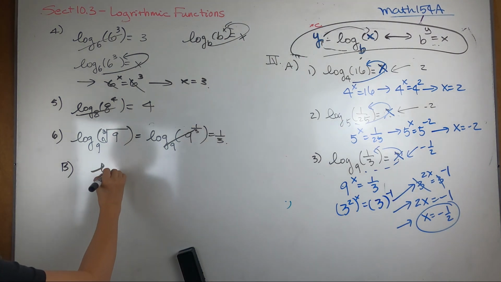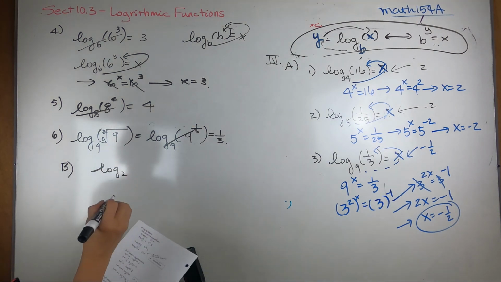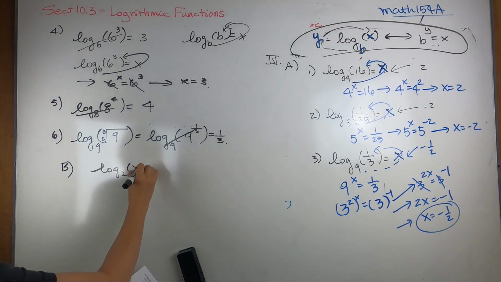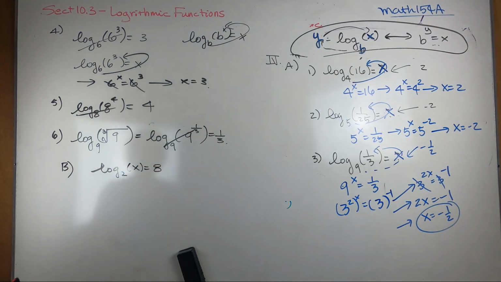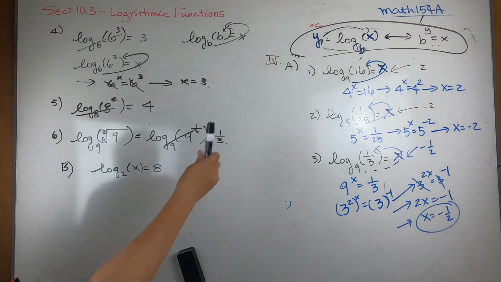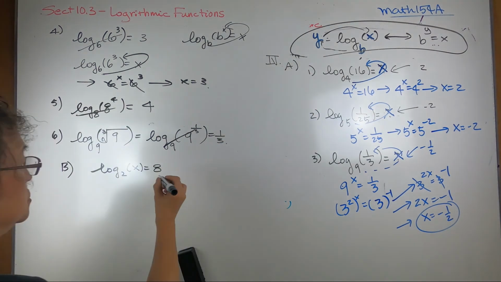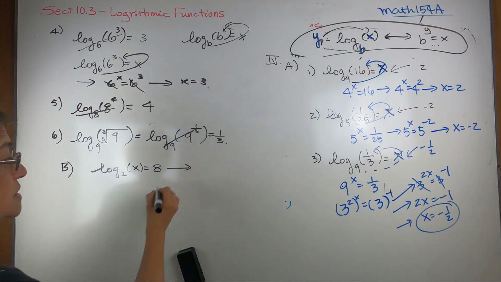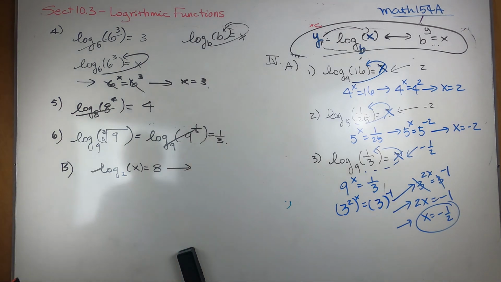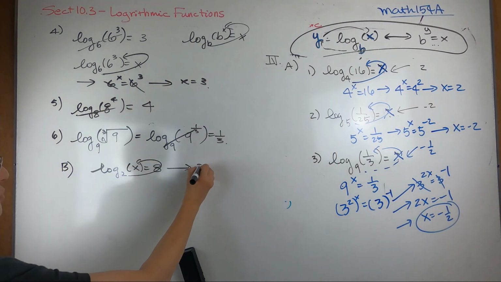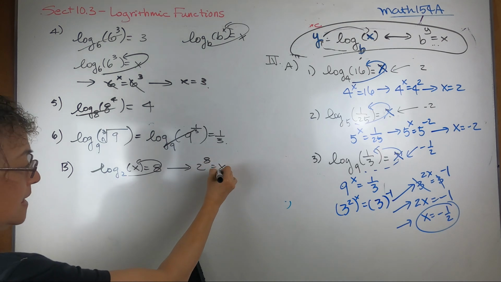Okay. If we have those questions, log base 2 of x equals 8. What do you think? We still use this. Change it to exponential style. So you hook it: 2 to the 8th power is x.